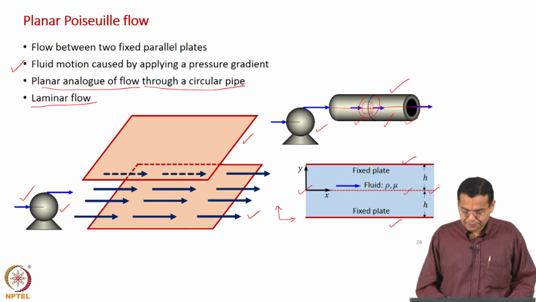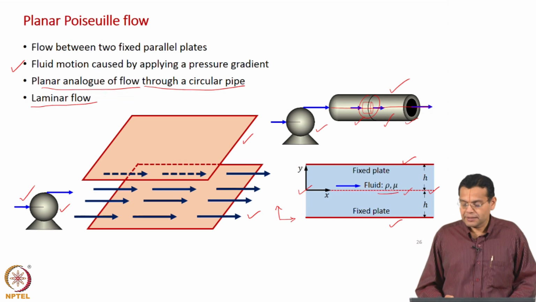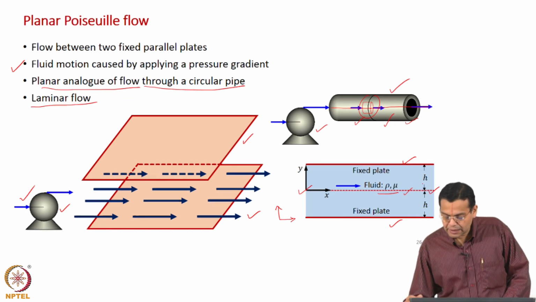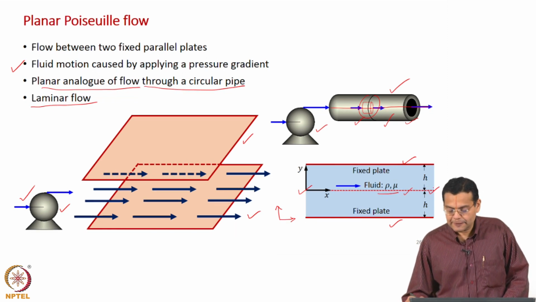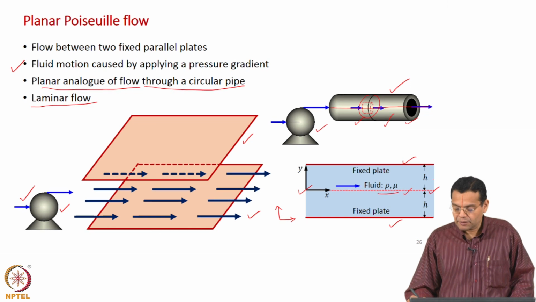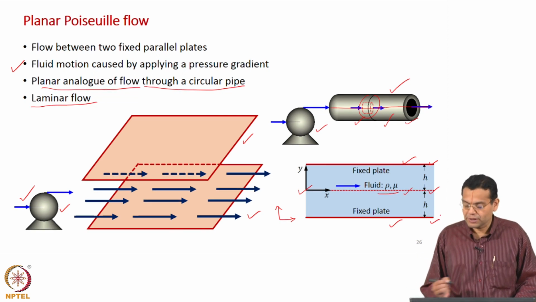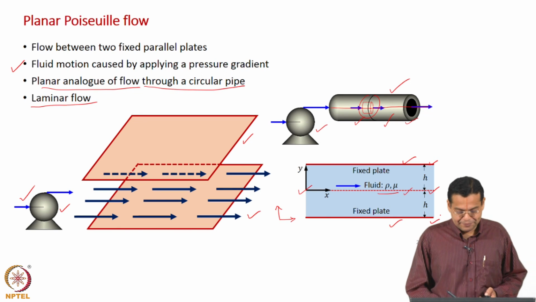Of course, the fluid has property density rho and viscosity mu. And what about the distance between the plates? The distance between the plates is 2h, but in terms of y coordinate, y equal to plus h here and y equal to minus h here, that should be kept in mind, because y equal to 0 is the axis.